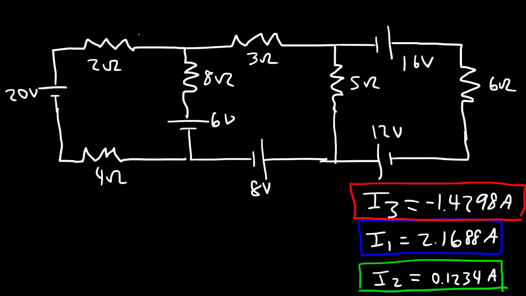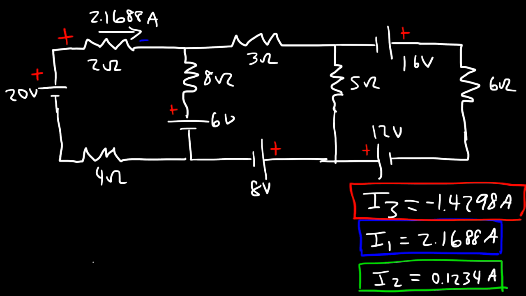Now I1, the current that flows through this branch, that's in the right direction. So this is 2.1688 amps. And so this is positive, and this side of the resistor has to be negative.